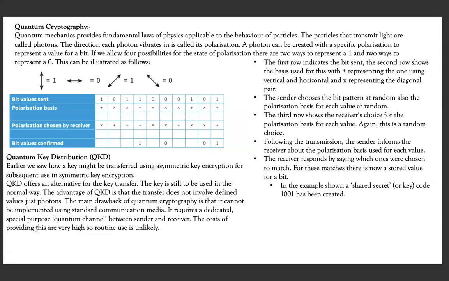The cost of providing this is very high, so routine use is unlikely yet. But who knows, in the future we'll be using this technique. That is a very big disadvantage of quantum key distribution. But nonetheless, it is a very intelligent and very secure way of transmitting the key between the sender and receiver. So this handles the key distribution problem very effectively.